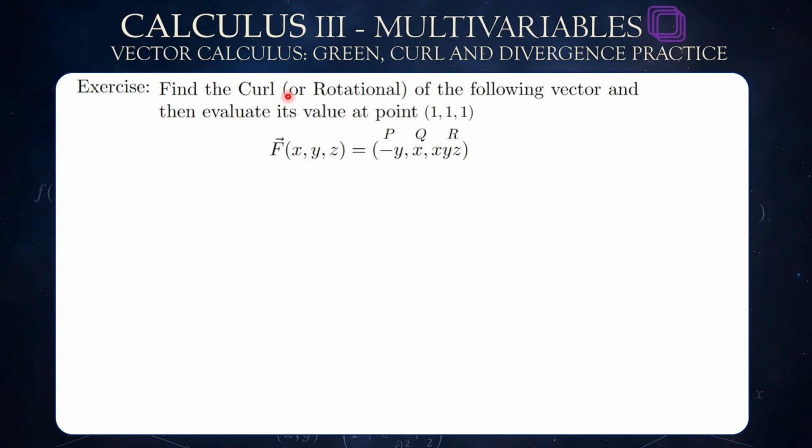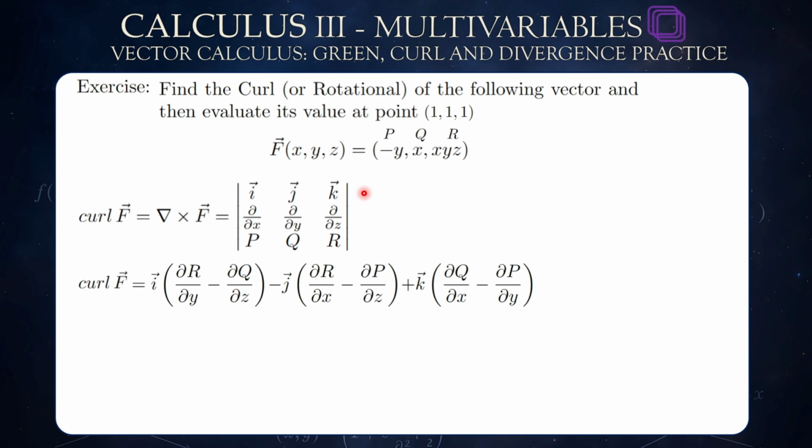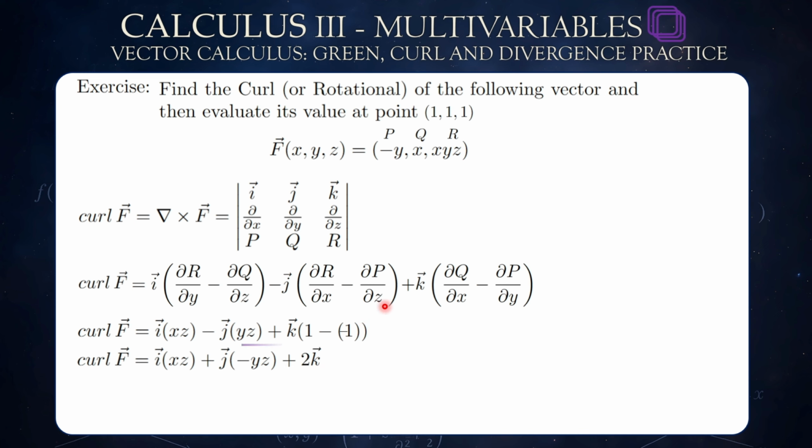Another one, find the curl or rotational of the following vector and then evaluate its value at point 1, 1, 1. F(x,y,z) is given by minus y, x, xyz, which are P, Q, R respectively. Curl F is nabla cross F, i, j, k, partial over x, y, z, P, Q, R, equal to i xz minus j yz plus k times 1 minus 1.